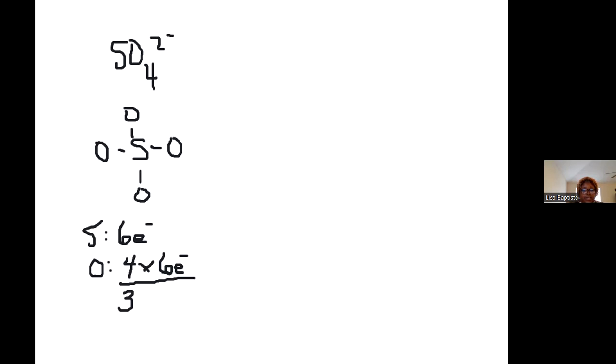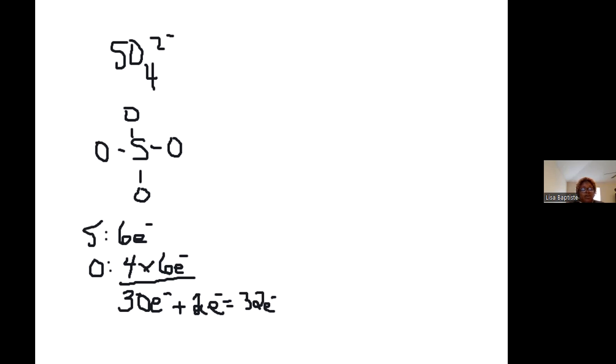So we have 30 electrons. And remember, we want to add 2 electrons for the charge. So we have a total of 32 electrons.